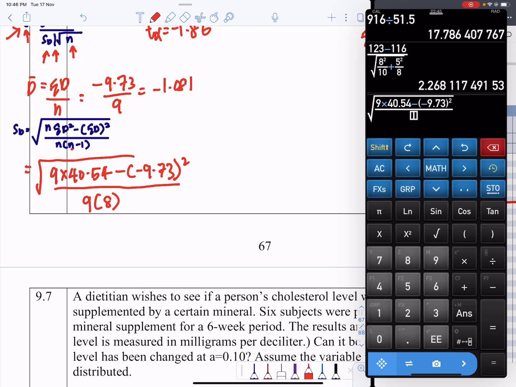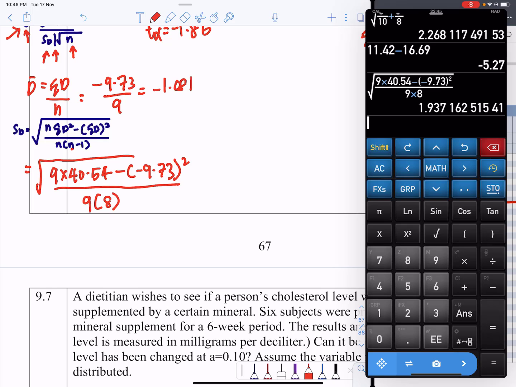At the denominator we have 9 times 8. The answer will be 1.937. Be careful ya when using the calculator.